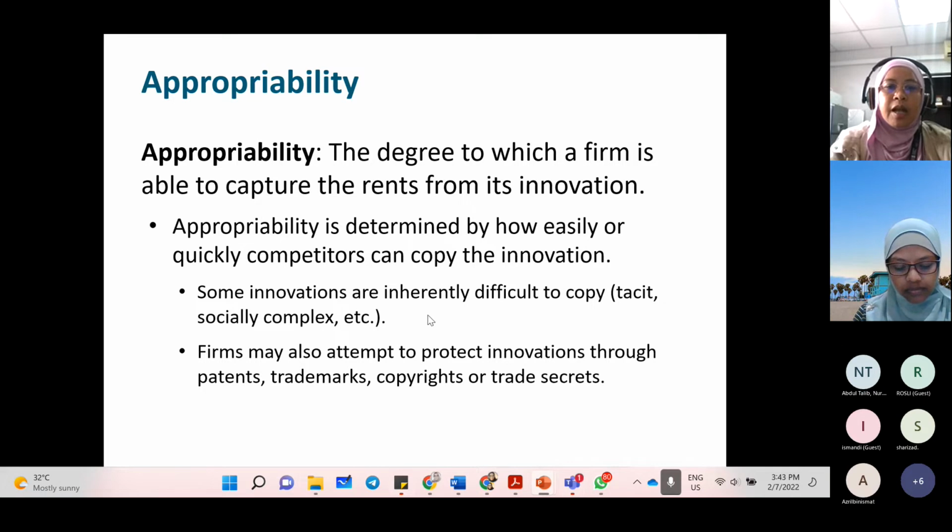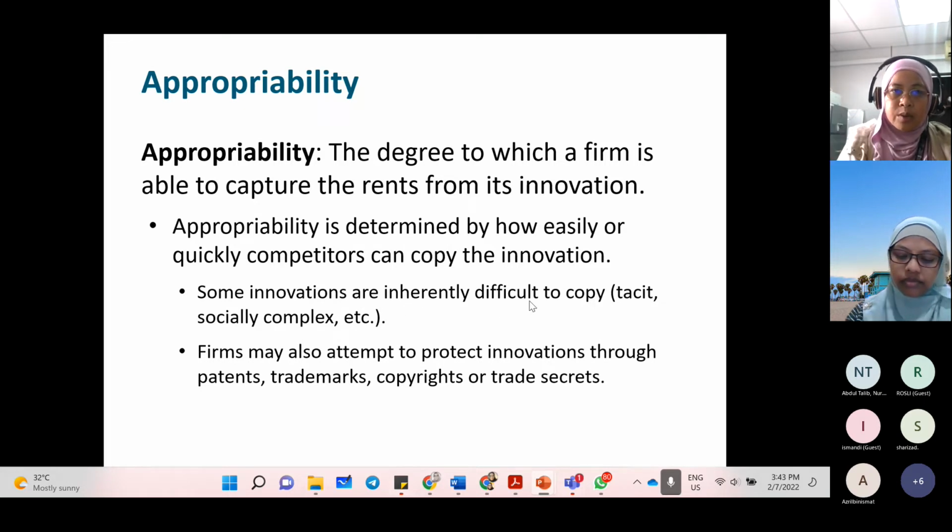Some innovations are inherently difficult to copy, such as those that are tacit, socially complex, etc. And firms may also attempt to protect innovation through patent, trademark, copyright, and trade secrets. If we want to discuss innovations that are inherently difficult to copy, we can look at some of the applications available in the market.